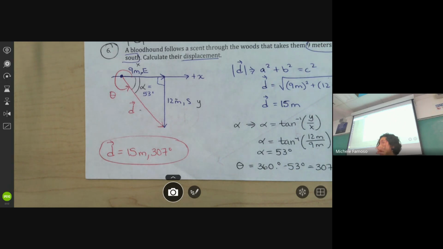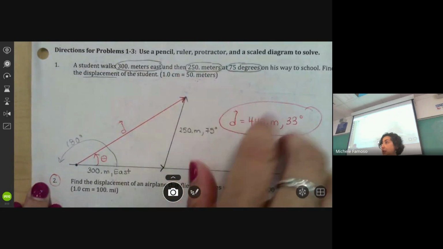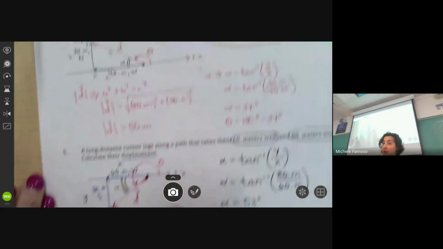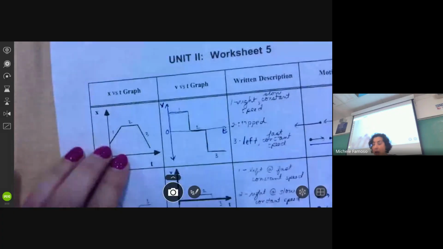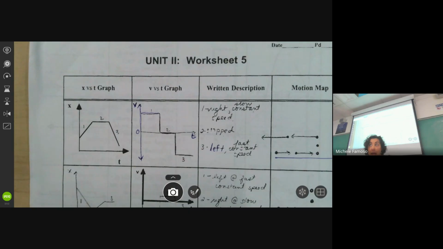So tomorrow's test, I can tell you right now, you're going to have one problem similar in style to these that are on the front. You're going to have one problem similar in style to one of these on the back. And then you're going to have all these graphs, verbal descriptions, ticker tapes, guess method problems.